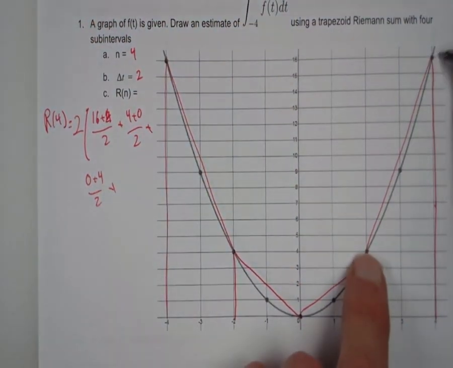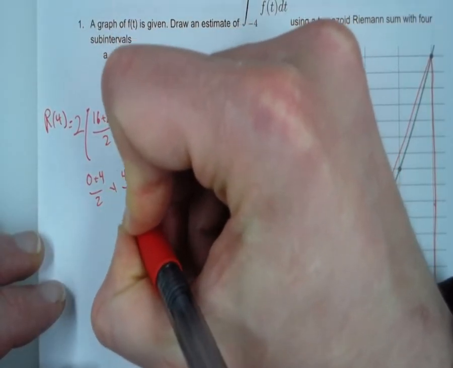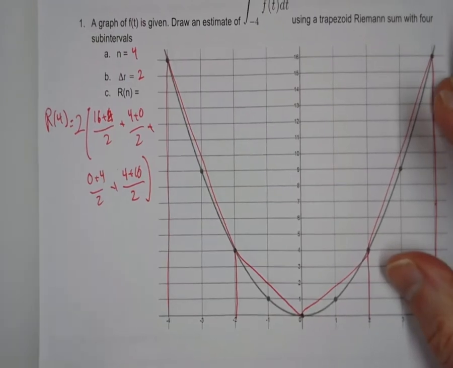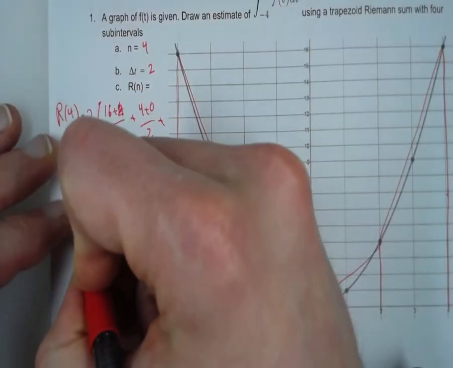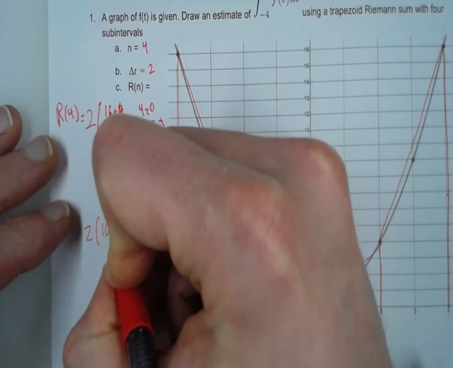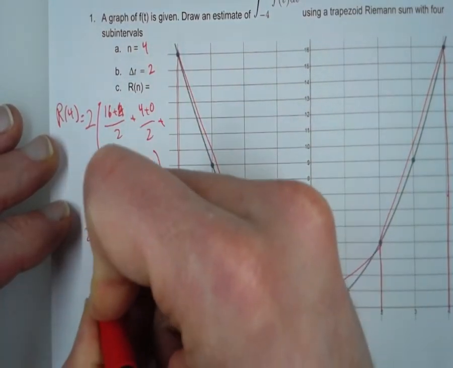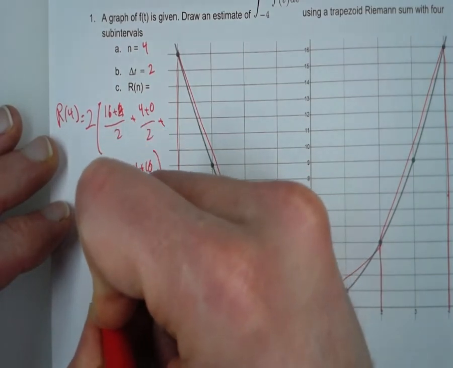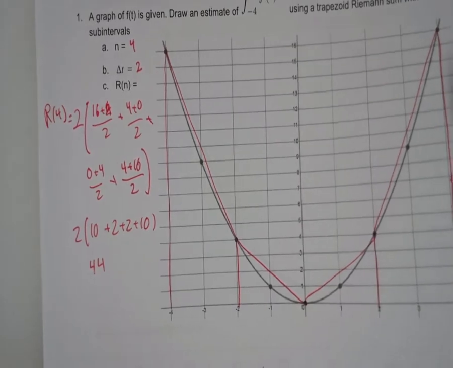And then I have 4 and 16. Now, if I simplify that, that's 10 plus 2 plus 2 plus 10. And so when we calculate that, we get 44 for that Riemann sum.